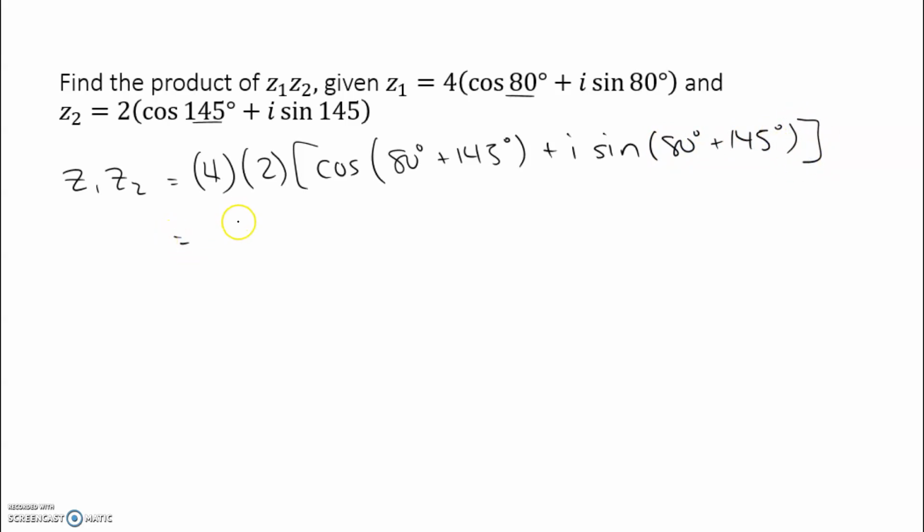So 4 times 2, that would be 8. Cosine of 80 plus 145, that is 225, plus i sine of 225, that same number.